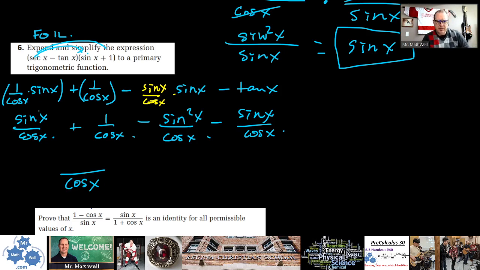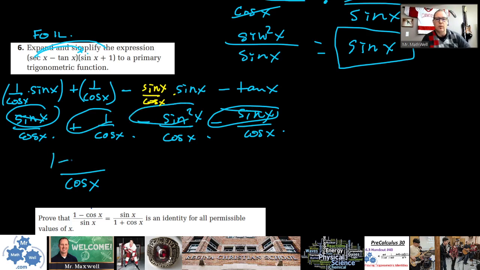And I have sine x minus sine x, so those are gone. And then I have a plus 1 minus sine squared. Oh, 1 minus sine squared, I'm going to leave that up there. You should see that 1 minus sine squared is actually equal to cos squared x, because of our trig identities. And of course this just turns into cos x.